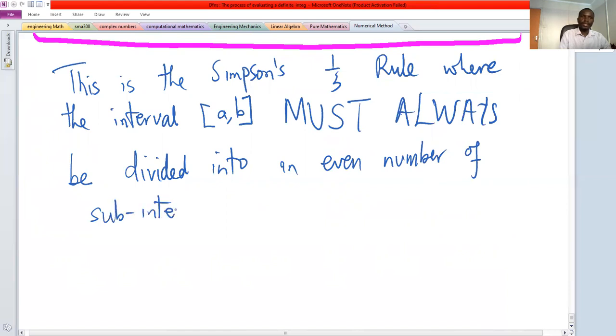Because if you remember, we are taking 2 at a time. So that's a very key thing to apply that rule.